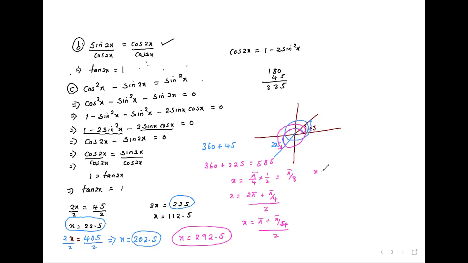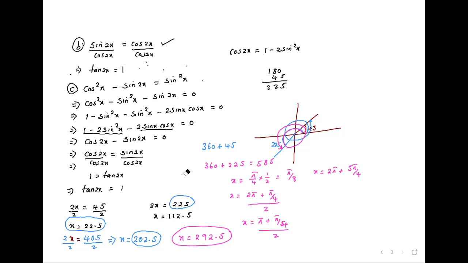And then the last one, we added 2 pi plus 225. Now 225 is 5 pi over 4. Yeah, 5 pi over 4.